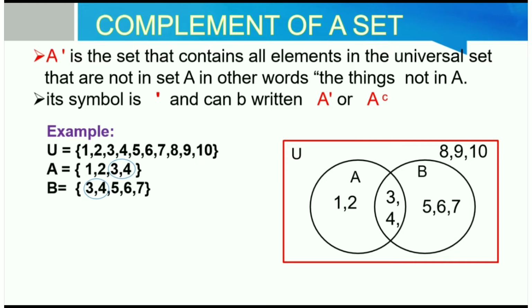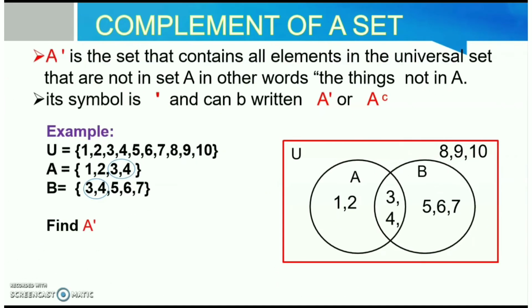And yung remaining elements na nasa universal set but wala siya sa set A and set B are yung 8, 9, and 10. Ilalagay natin siya dun sa region sa labas ng ating circles.